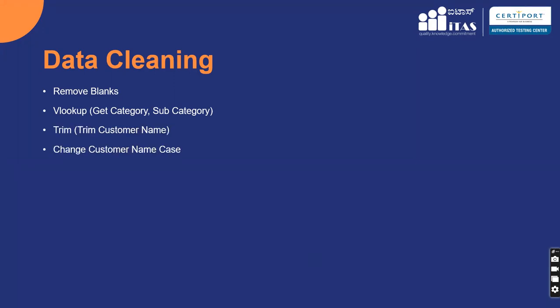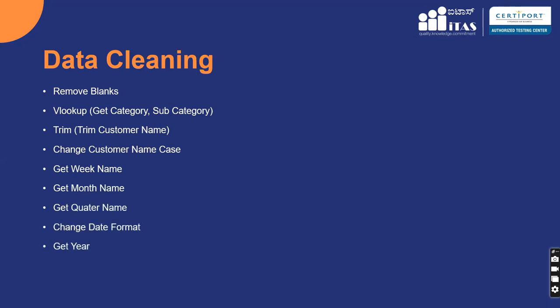Then how to use trim. Then change the name case, like what we saw in the transformation. Then how to get the week name from a date, month name, then quarter name, and how to change the date format. How to get the year, and also how to use rounding on the sales and profit data.